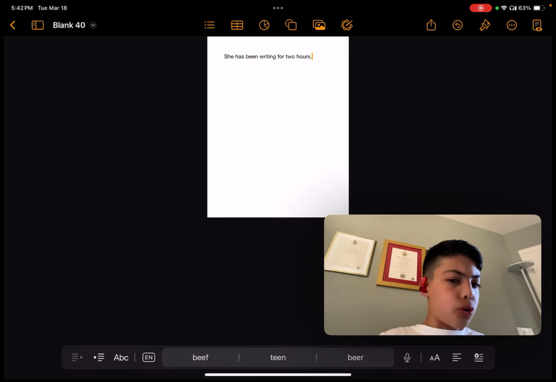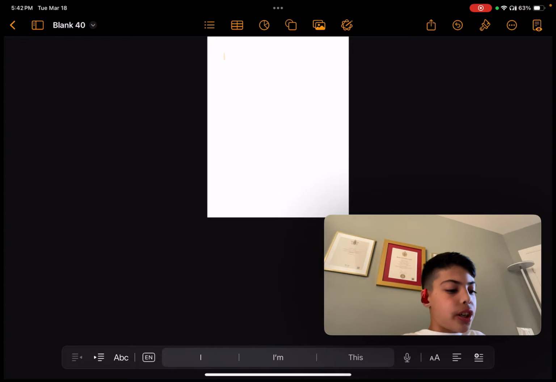Moving on to the past perfect progressive tense. It talks about an action that was happening before another past event, and it uses the form had been, like in the perfect tense we used has, had, and will have. This will also use has been, had been, and will have been, or other forms of to be.